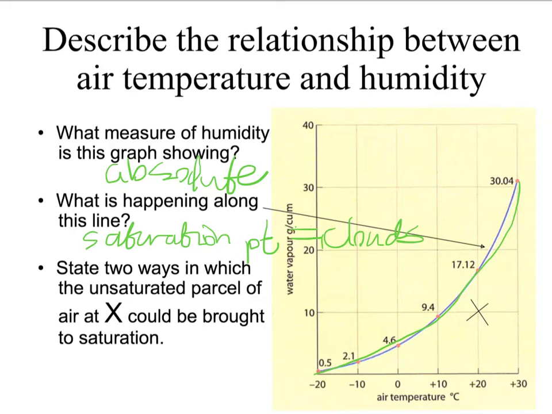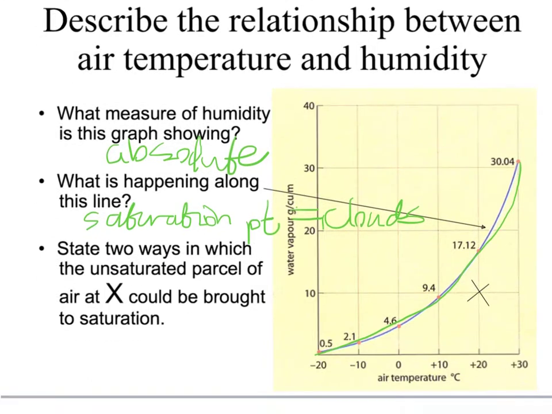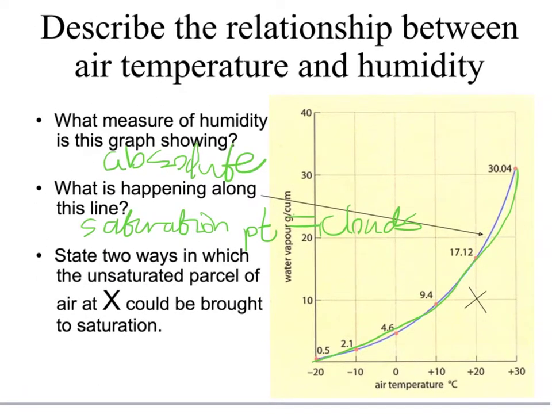At 30 degrees Celsius, you can see that it can hold 30.04 grams per cubic metre of water vapour. So a clearly strong relationship: you increase the air temperature, and therefore it can hold more water vapour.